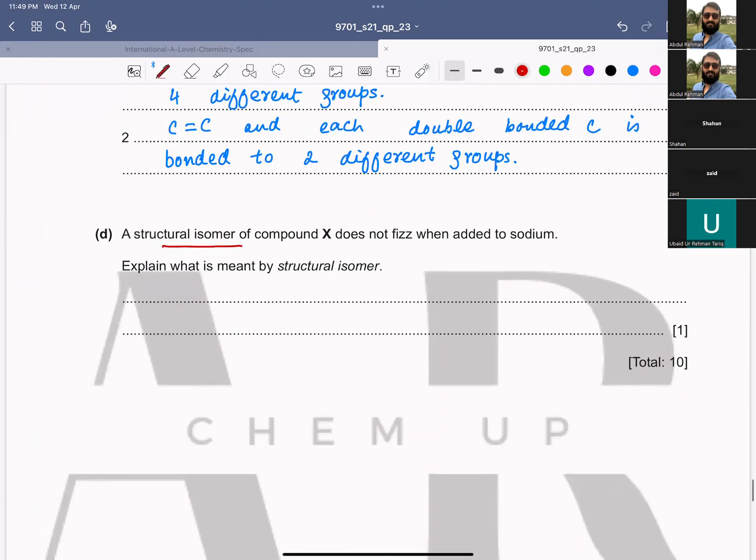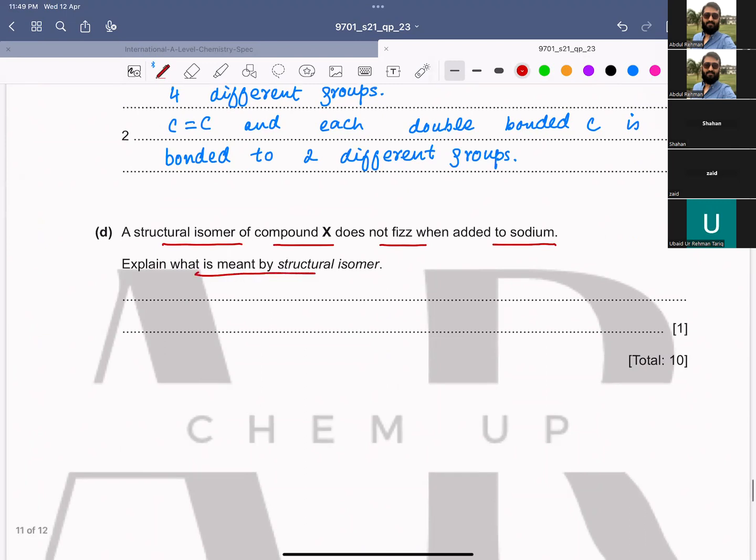A structural isomer of compound X does not fizz when added to sodium. Explain what is meant by structural isomer.